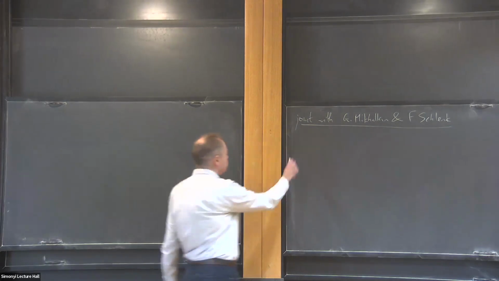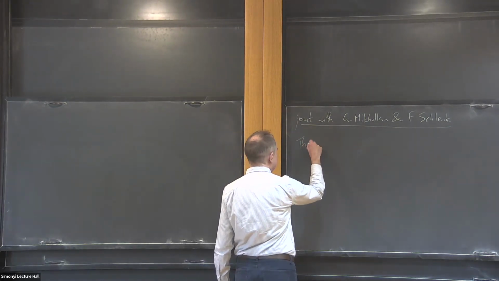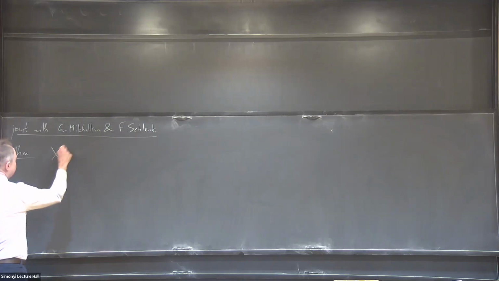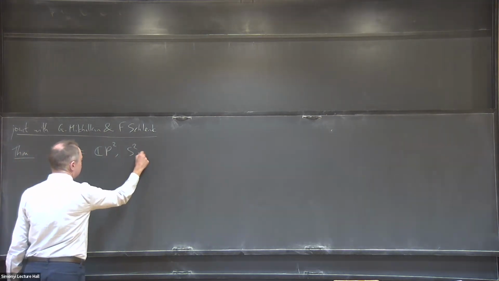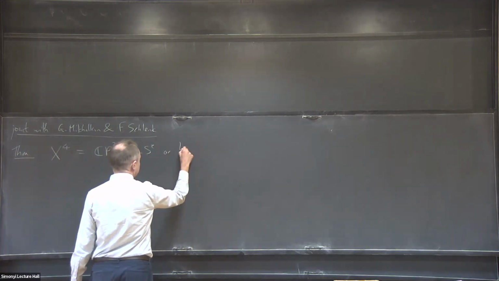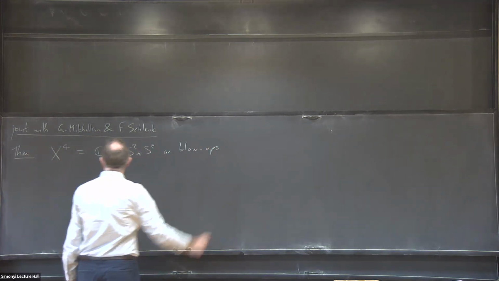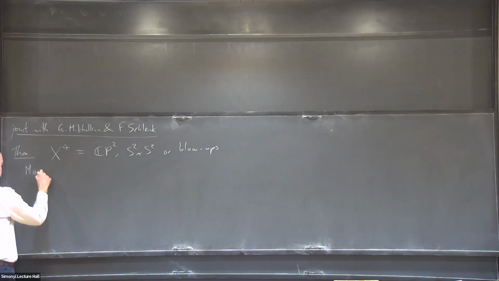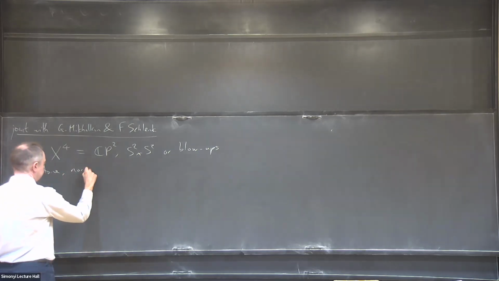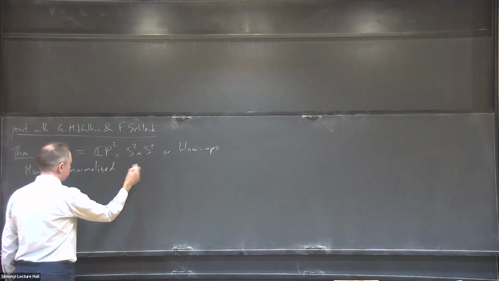Okay, well, there's one general result. X is four-dimensional. It's going to be a monotone symplectic four-manifold. So that means either CP2, S2 times S2, or blow-ups. And I'm always going to normalize the monotone symplectic form so that the symplectic form is equal to the Chern class, just to fix this once and for all.